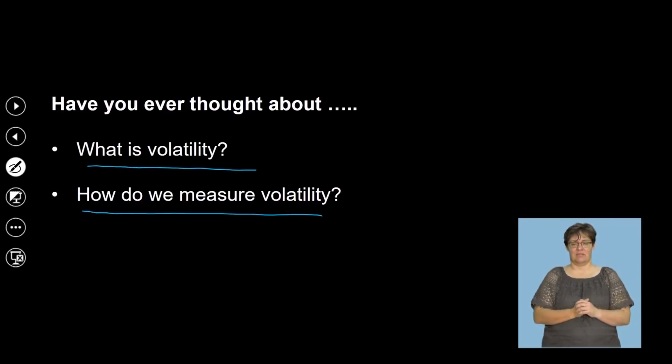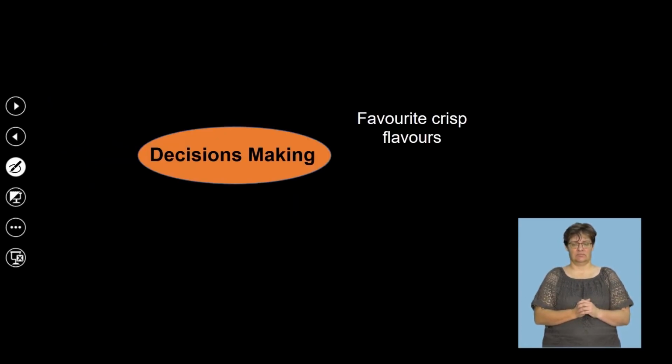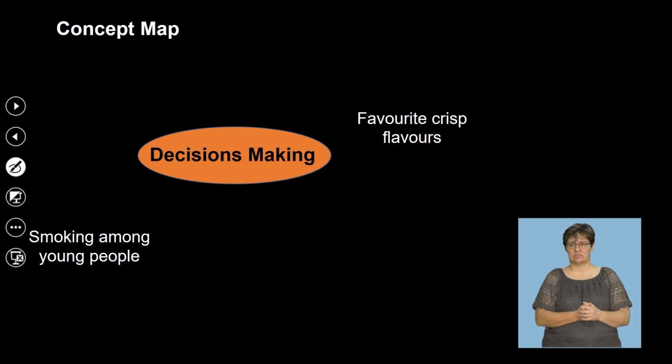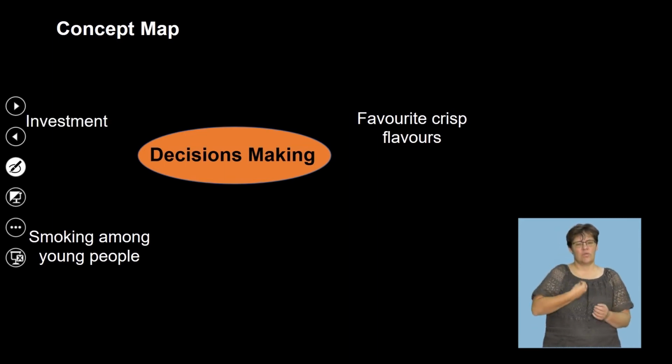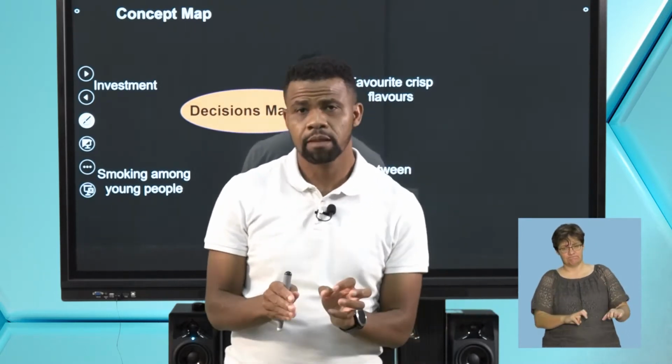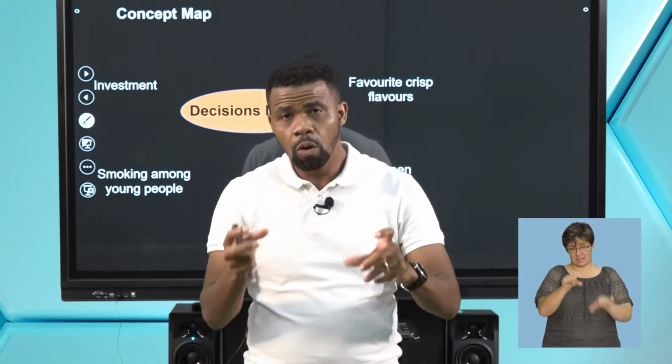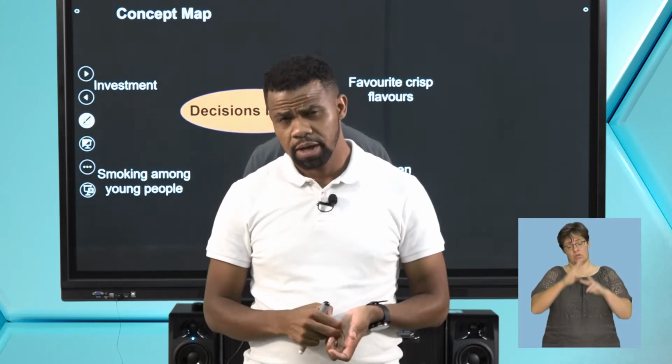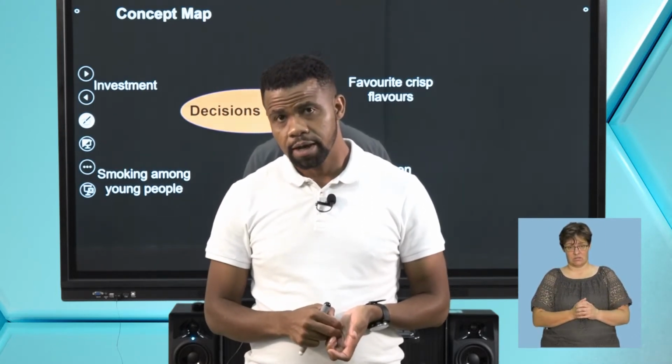So now we're looking at decision making, and we're going to look at the problem of favorite crisps flavor, and smoking among young people, and we'll look at an investment problem. After that, we'll look at performance between two classes. And decision making, guys, you can actually study, which is a field called decision science or operations research.